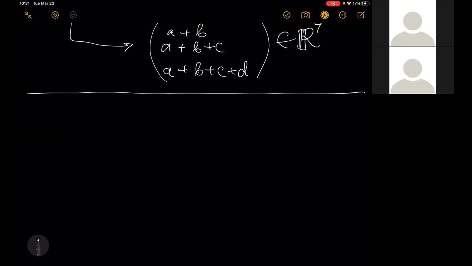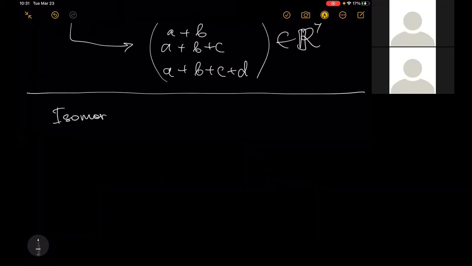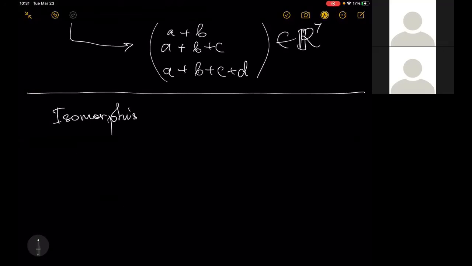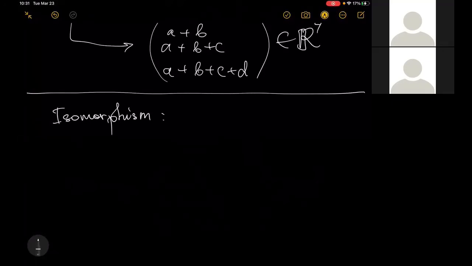Now, so once again, what is isomorphism? So first requirement is one-to-one and onto.